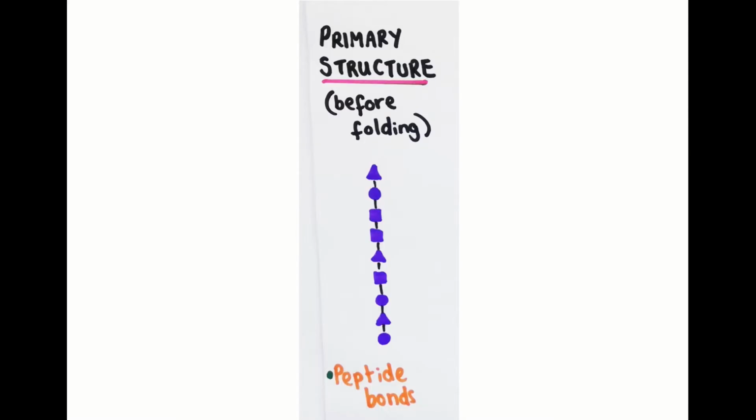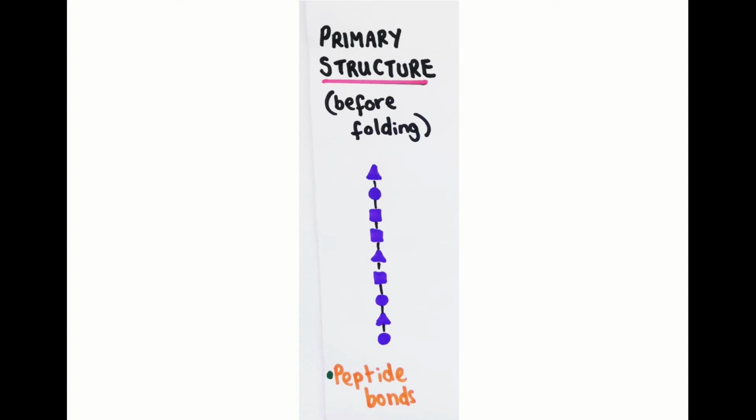And the way they get into that shape is by folding themselves up. Bonds form between different amino acids at different points of the chain. Because the amino acids are different, they interact with each other in different ways.